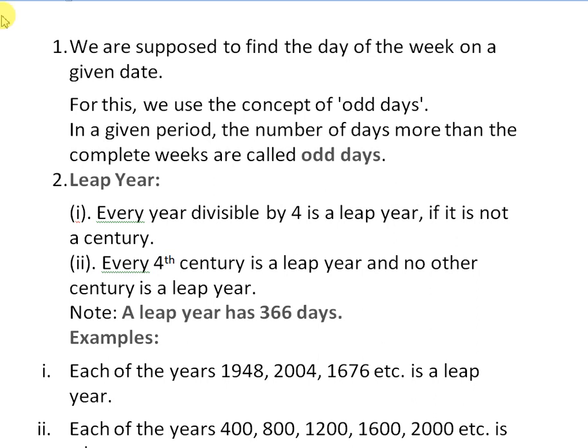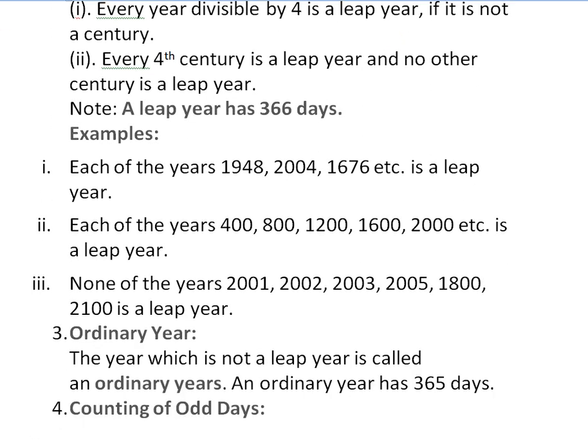Then there are some examples. Each of the years 1948, 2004, 1676, etc. is a leap year, as you can see, they are divisible by 4. Each of the years 400, 800, 1200, 1600, 2000, etc. is a leap year. Well, they also can be divided by 4.